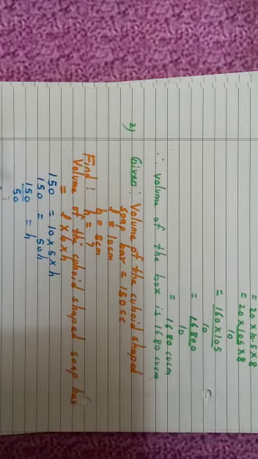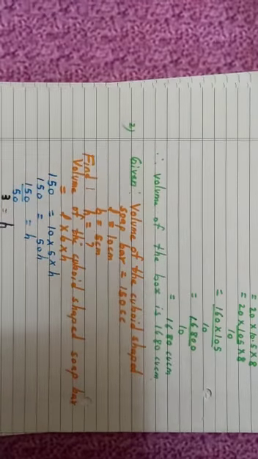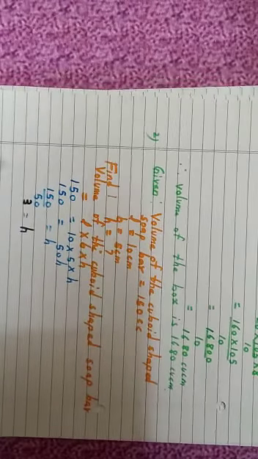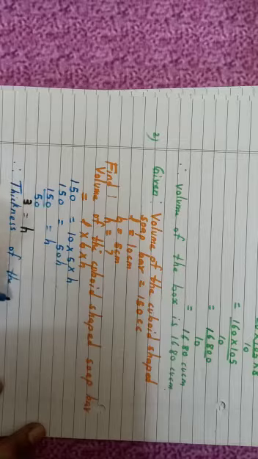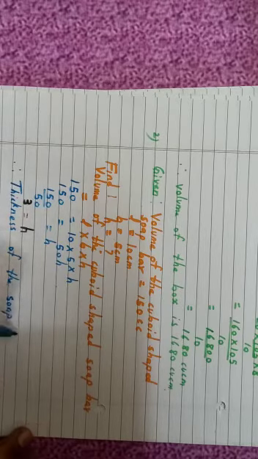So you will get 3 is equal to h. So we have got height as 3 centimeter. That is, the thickness is 3 centimeter. So we will write, therefore, the thickness of the soap bar is 3 centimeter.